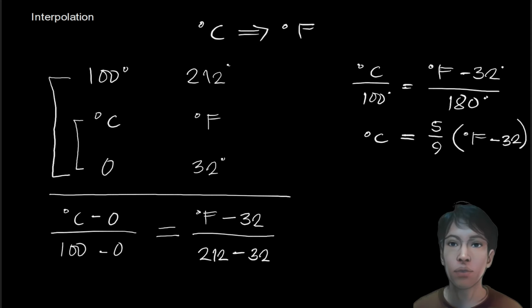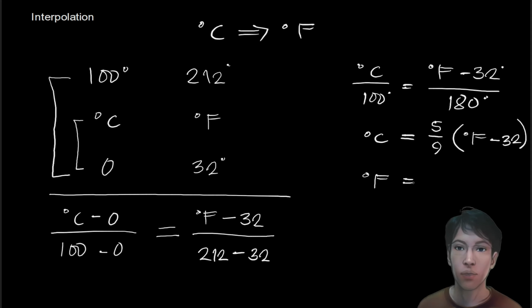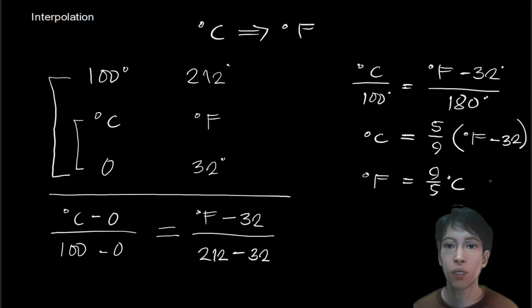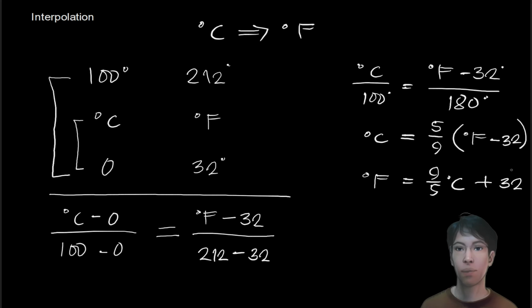And if I were to solve for degree F, then degree F is 9 over 5 of degree C plus 32.